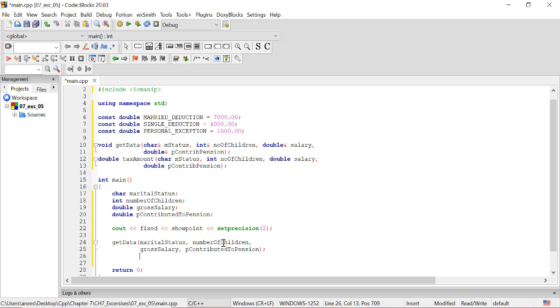After that, and also right here, we're going to have to add in endl.